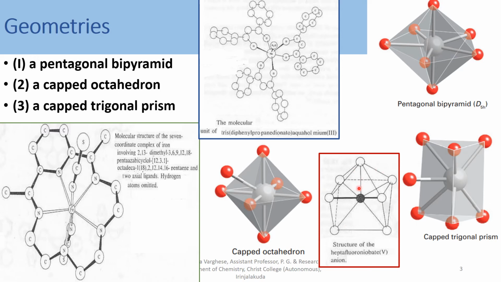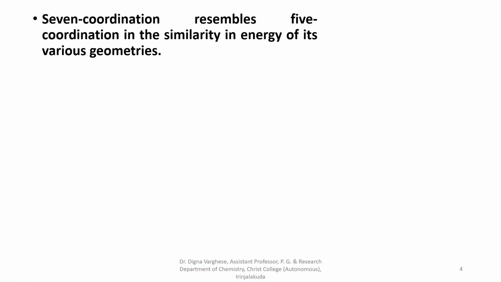So these are the geometries for coordination number 7: pentagonal bipyramid, capped octahedron, and capped trigonal prism. They are of comparable stability and easily interconvertible. Seven coordination resembles 5 coordination in the similarity in energy of its various geometries. So 7 coordination complexes resemble 5 coordination complexes in the similarity in energy.